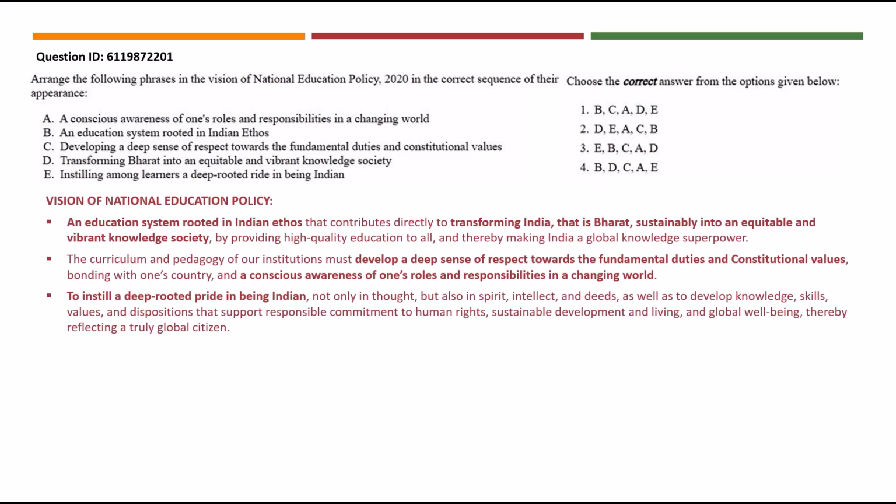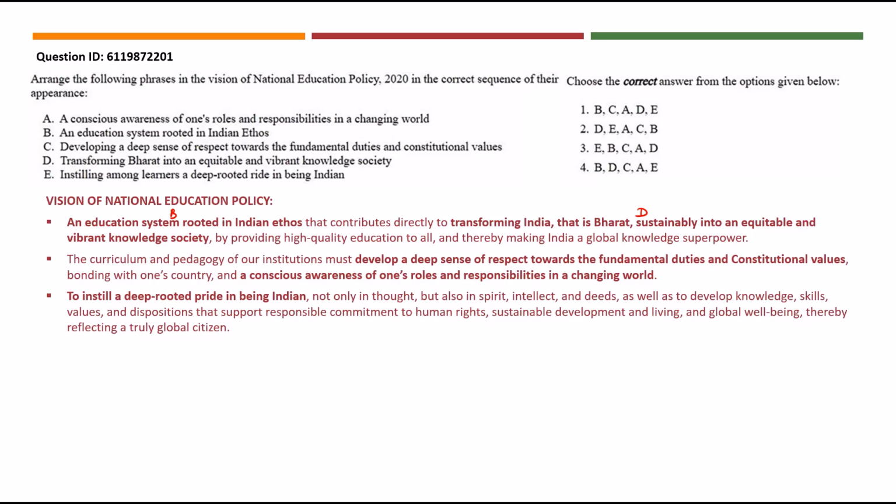Vision of National Education Policy: an education system rooted in Indian ethos. This is B. That contributes directly to transforming India, that is Bharat, sustainably into an equitable and vibrant knowledge society. This is D. By providing high quality education to all and thereby making India a global knowledge superpower.